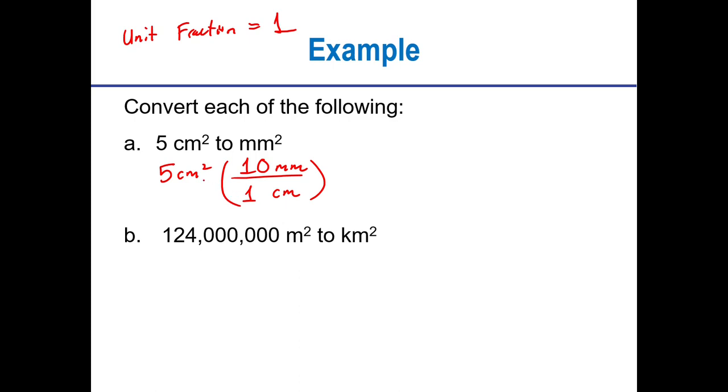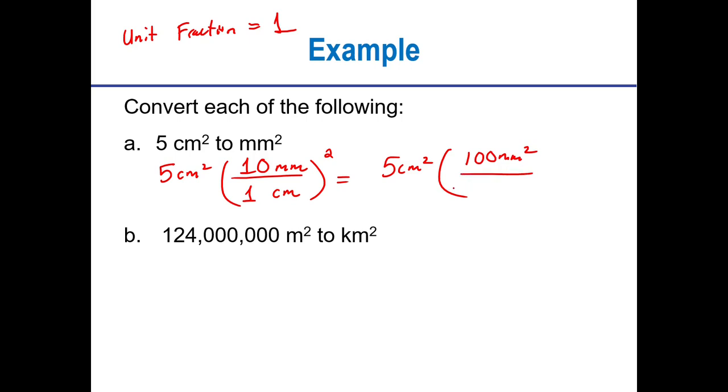Now remember, we need square units here, so I'm going to square this entire expression. And squaring a number that's equivalent to 1 doesn't change anything, so it's okay to do. So this is equivalent to 5 centimeters squared times now 100 millimeters squared, because 10 squared is 100.